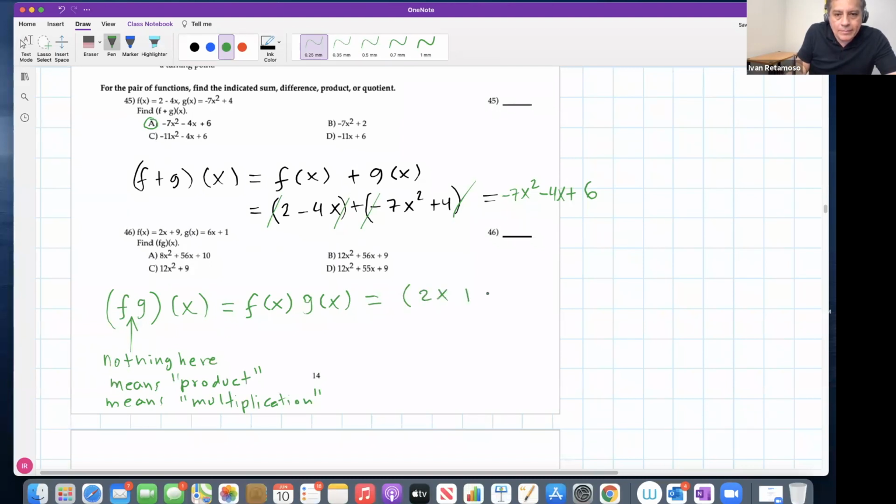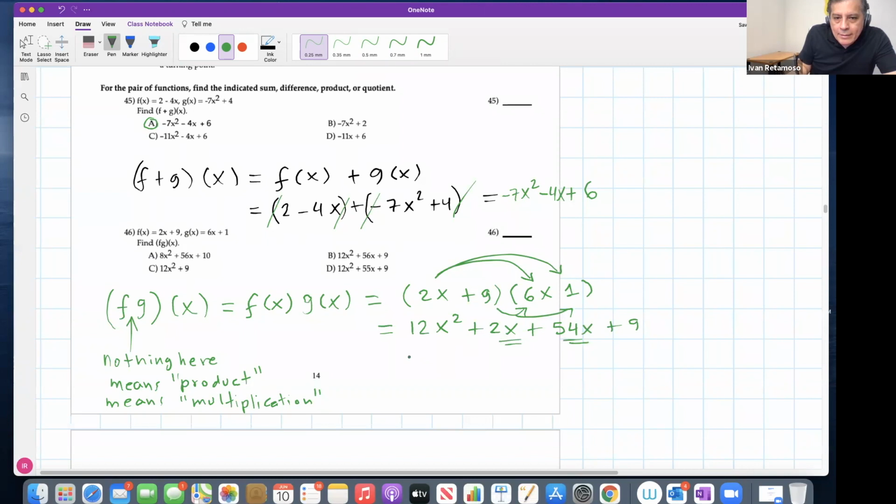But now, therefore, we have to multiply 2x plus 9 times 6x plus 1. For this, we have this so-called FOIL method. FOIL this out: 2x times 6x, 2 times 6 is 12, x times x, x squared. 2x times 1 is 2x. 9 times 6x is 54x. 9 times 1, just 9.